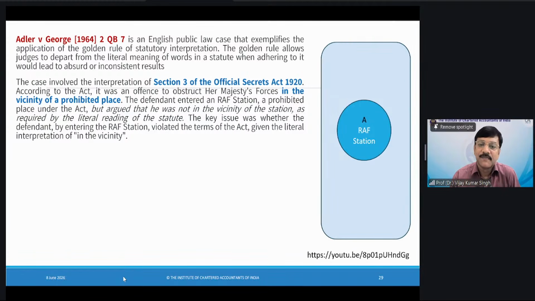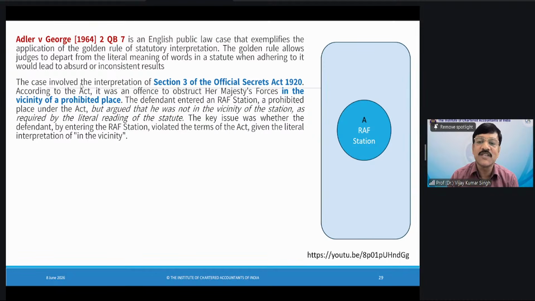Yes. So here the defendant, the person against whom the case was filed, entered the RAF station. He was inside the RAF station, that is in the dark blue place, and he said to read the law literally, because the law is saying in the vicinity, it is not saying in.